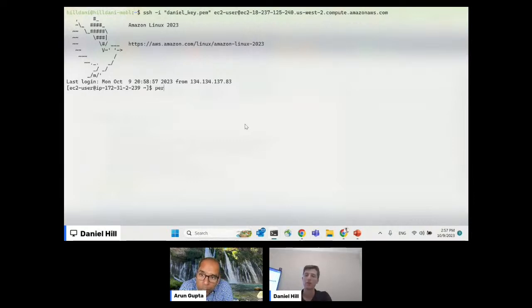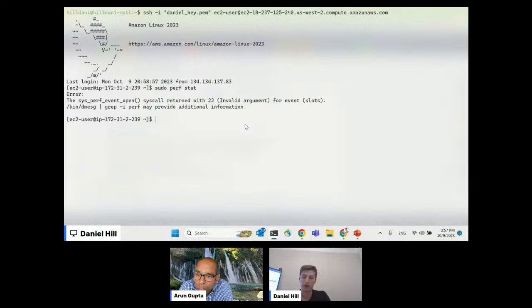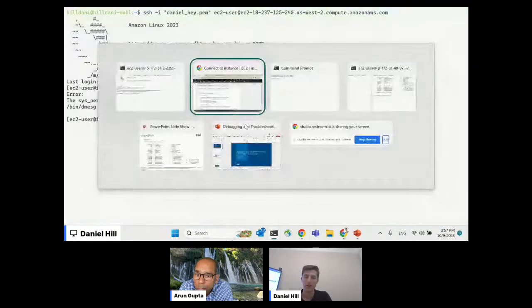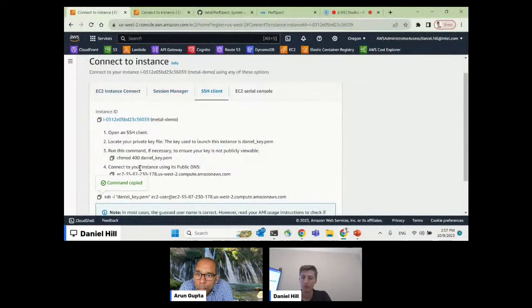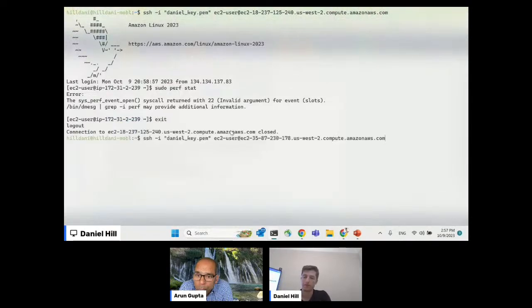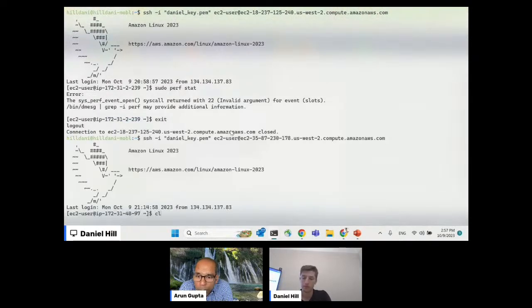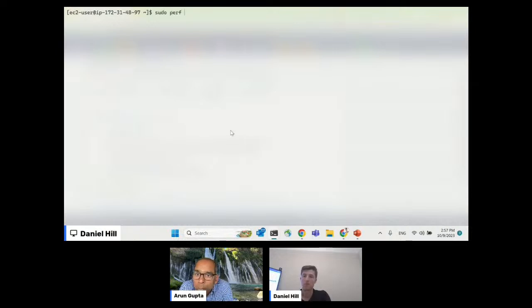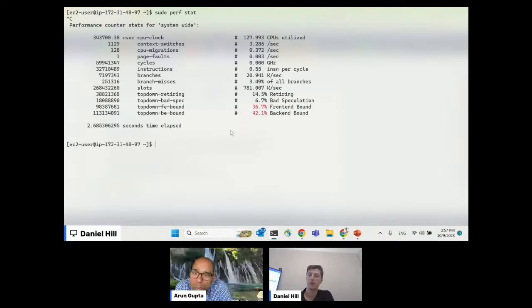Okay. So if we just do a sudo perf stat, there's nothing running on here. Sorry, this was the wrong instance. I need to connect to the other one. So this is a super easy way to start using your PMUs, the performance monitoring units.